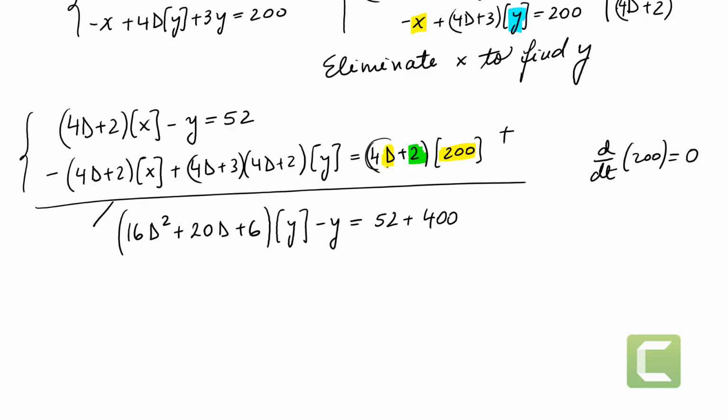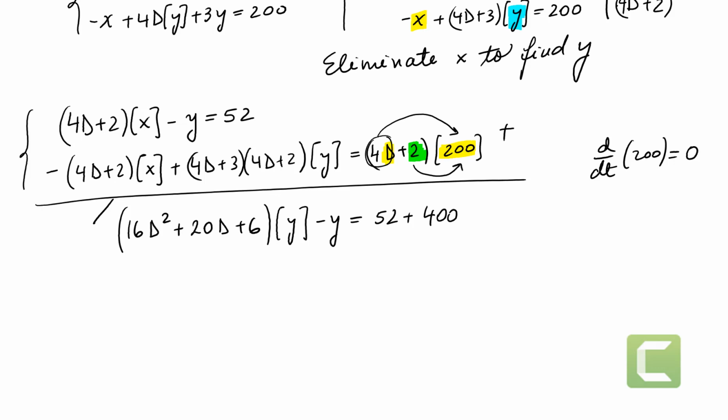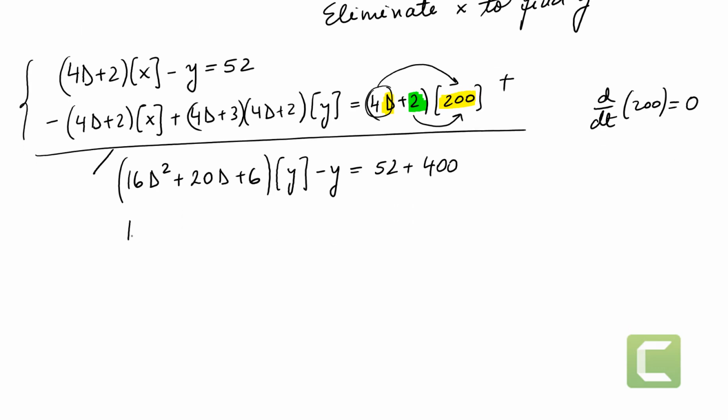So we applied this 4D, and then we multiply the 2 with 200. So we obtain 16y double prime plus 20y prime plus 6y minus y equals 452.